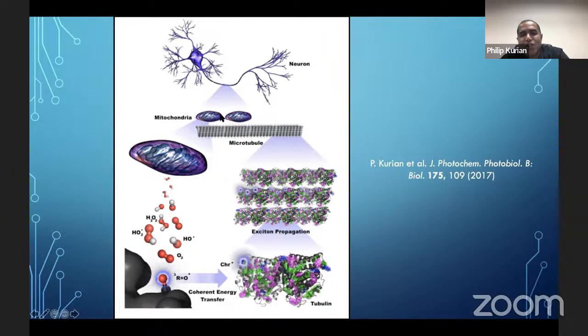This is actually a cartoon, but of course in neurons and in other filamentous structures, you actually have reticula that are made from mitochondria. And these mitochondria emit these molecules called reactive oxygen species, which are produced by all cells in the body and in living organisms that are undergoing oxidative metabolism, which is what you do when you breathe in oxygen and respire carbon dioxide.